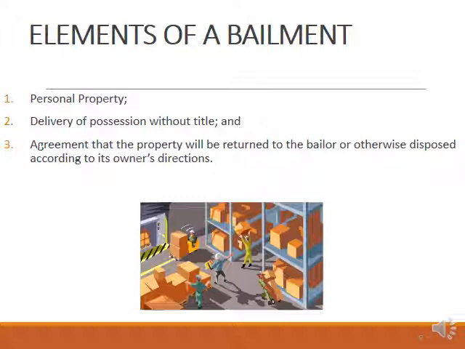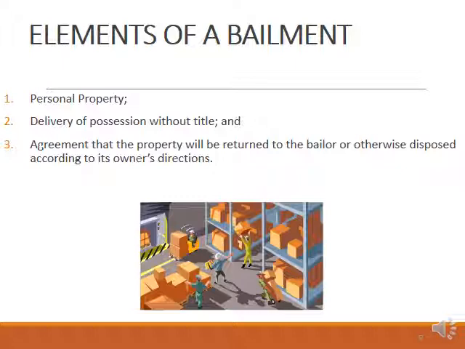Another one, if I take my clothes to the cleaners, obviously I'm giving up exclusive control of the clothes while they're being cleaned, and I'm the bailor. The cleaners would be the bailee, but there's no intent that the clothes would be owned or kept, or title ownership kept by the cleaners.